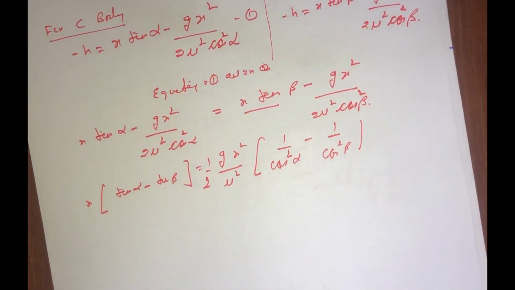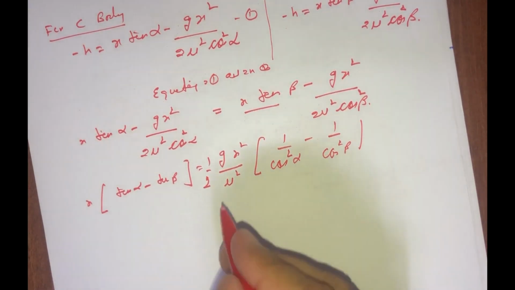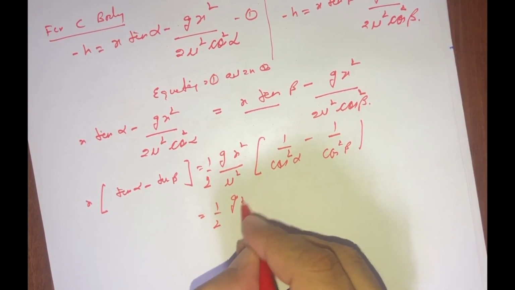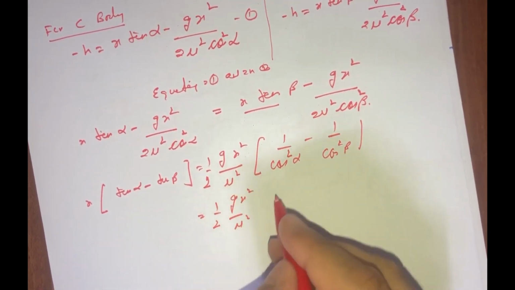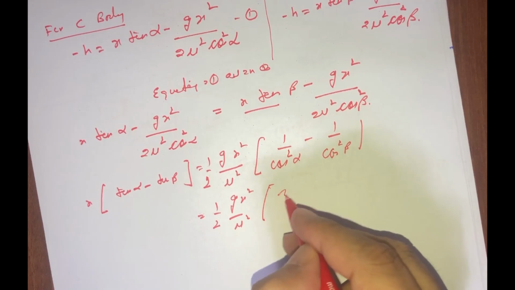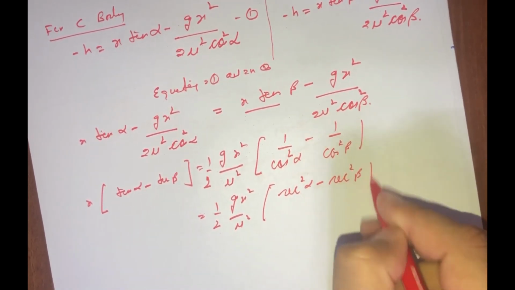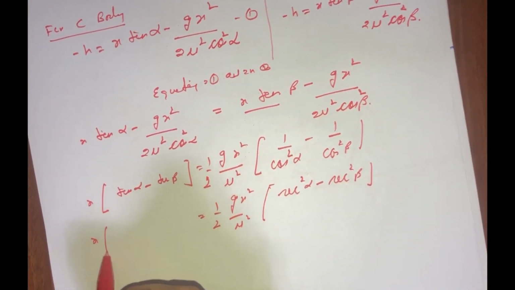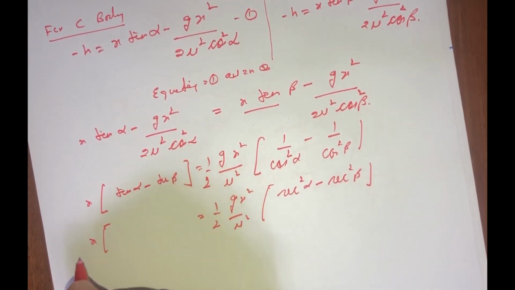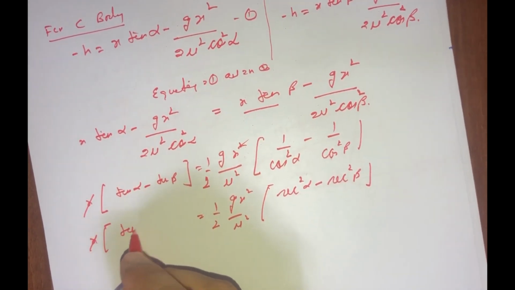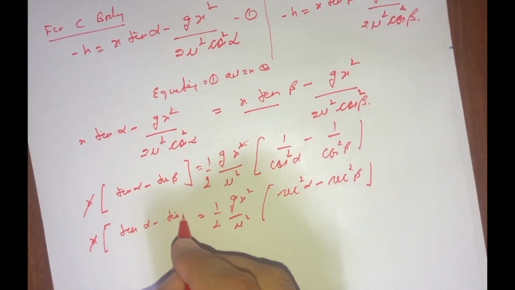This can be further written as x times tan alpha minus tan beta equals one half g x square over u square multiplied by secant square alpha minus secant square beta. The x cancels out with the square, so we are left with tan alpha minus tan beta.